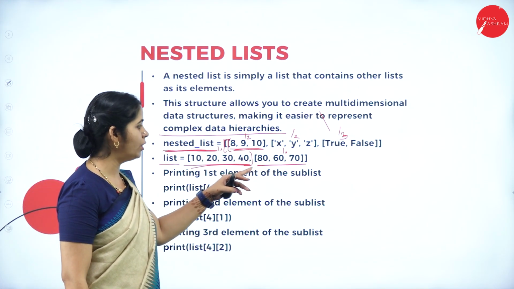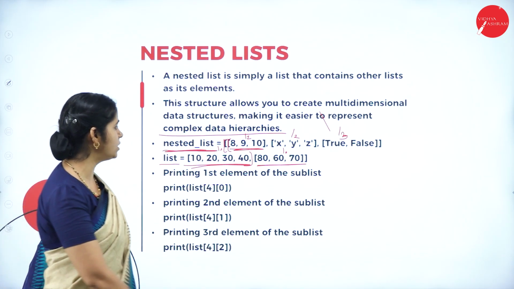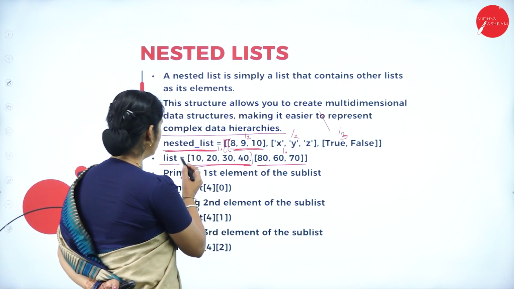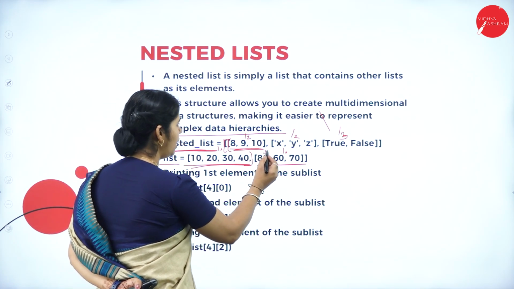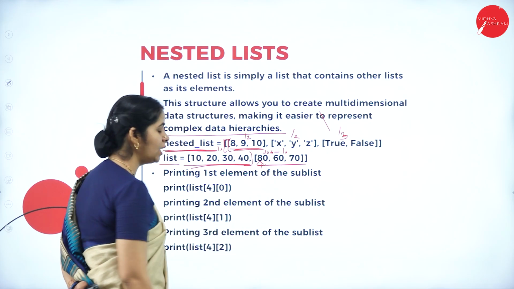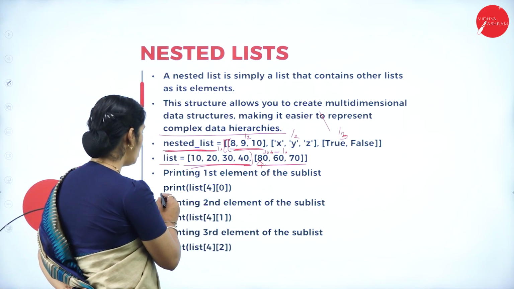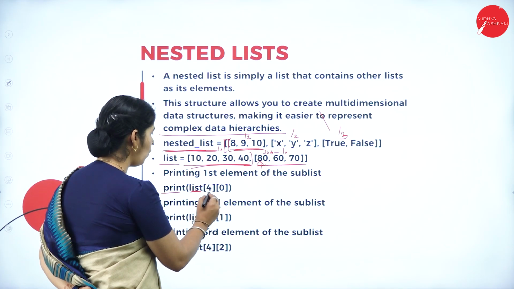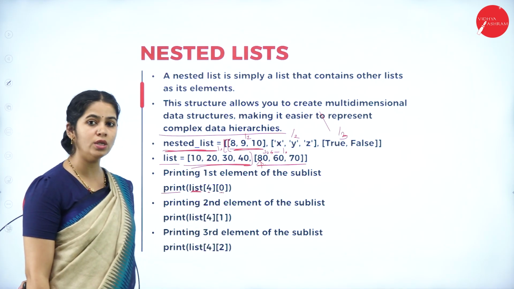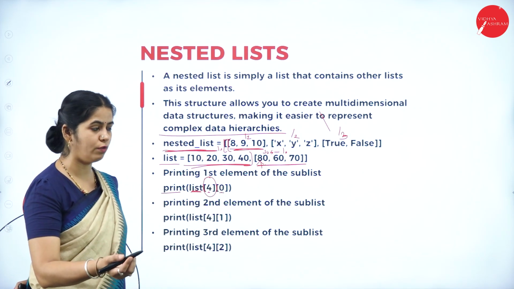Printing the first element of the sublist. How are we going to print the first element of the sublist? This is my main list, this is my sublist, right? So I want to print this particular element, the first element of the sublist. How are we going to do it? Print list 4 of 0. What is 4? 4 is nothing but the fourth list that we are using.